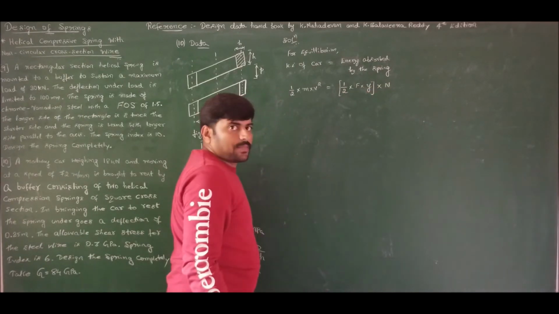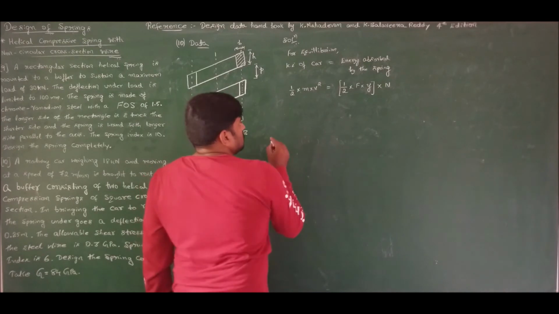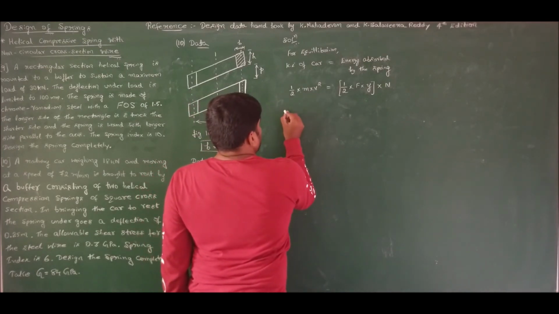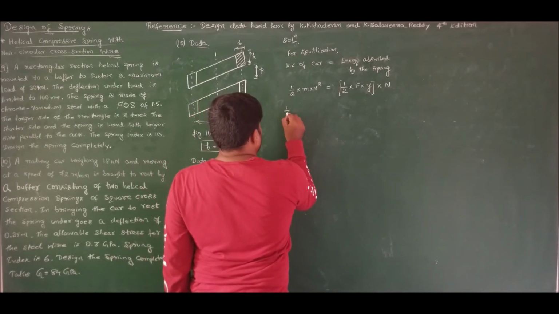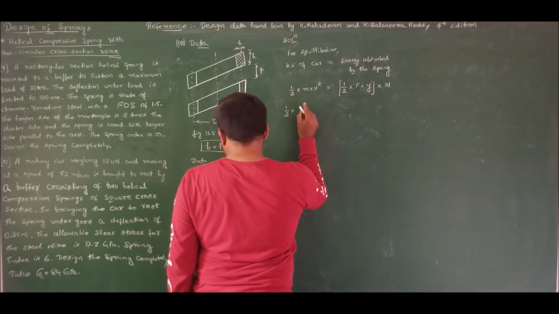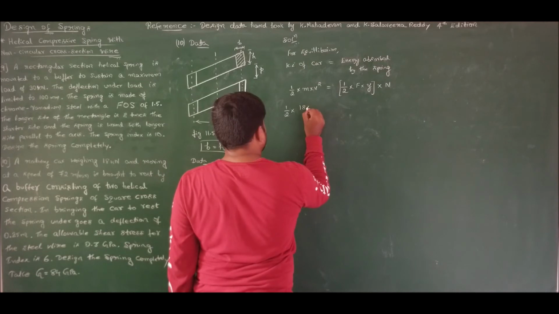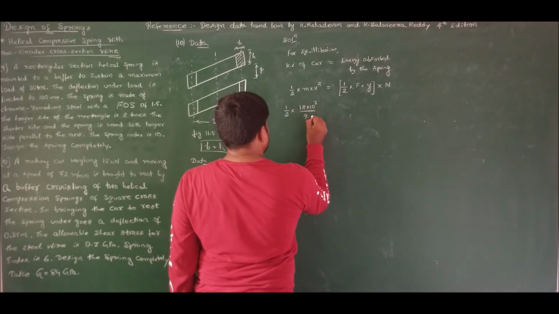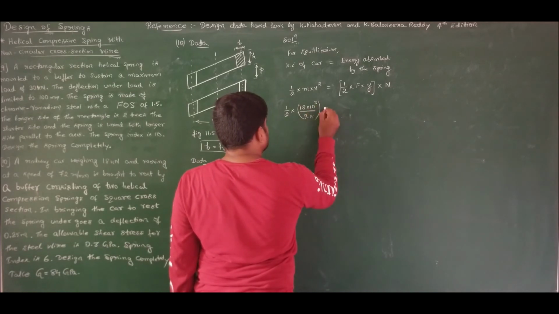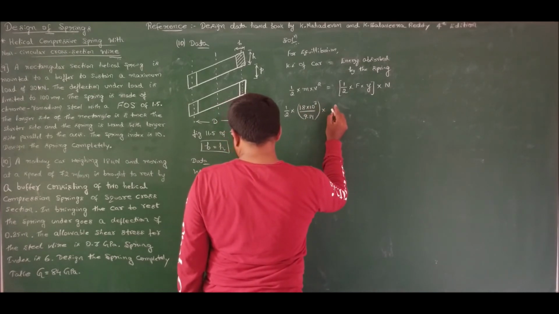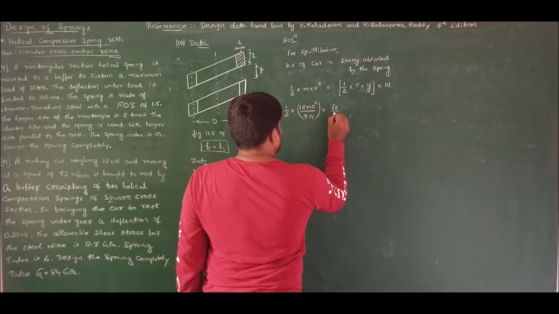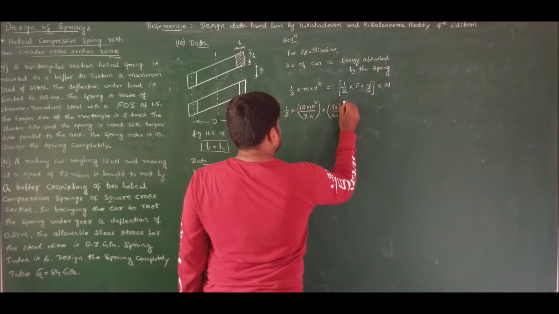I should consider number of springs also. So therefore, half into mass, which is weight by acceleration due to gravity, that is 18 into 10 to the power of 3 divided by 9.81 is the mass, into velocity is 72 by 60 meters per second.